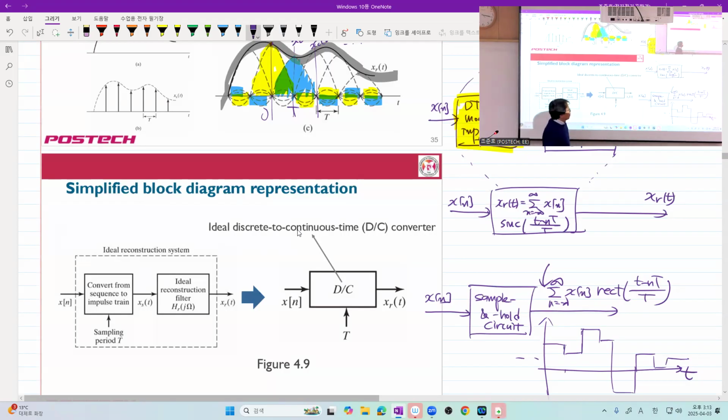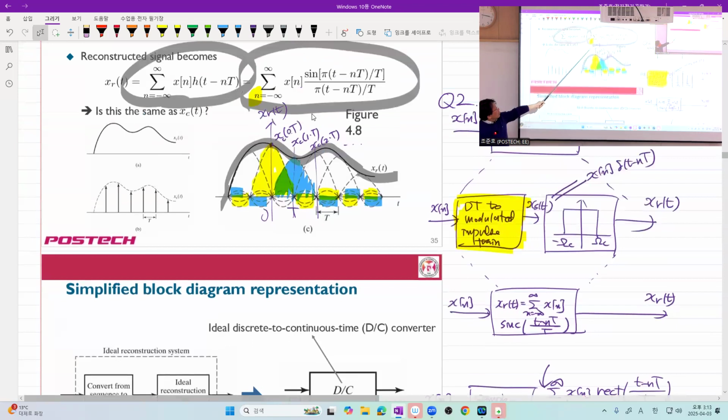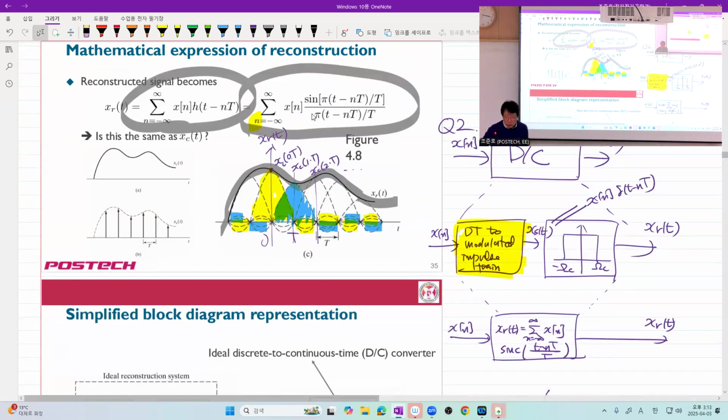And you may say that, okay, but Professor, this figure is different from this one. So if we have used sample and hold, then what would be the output? Something like this. Some stairway type thing, right?